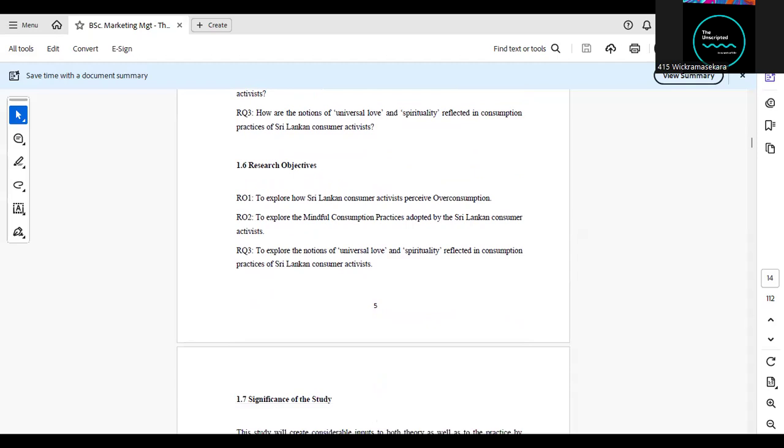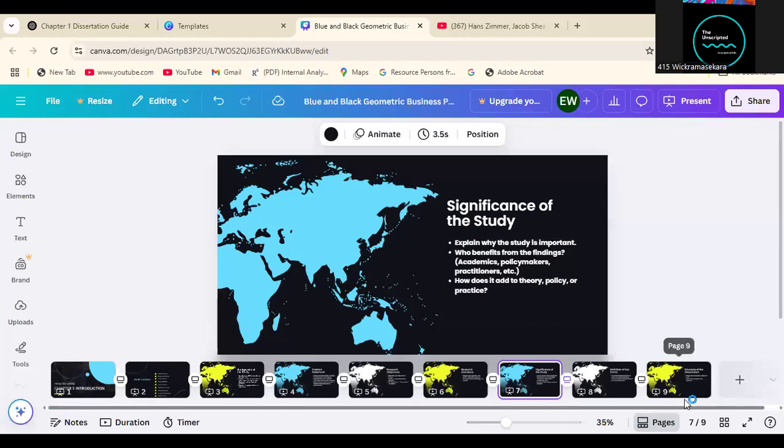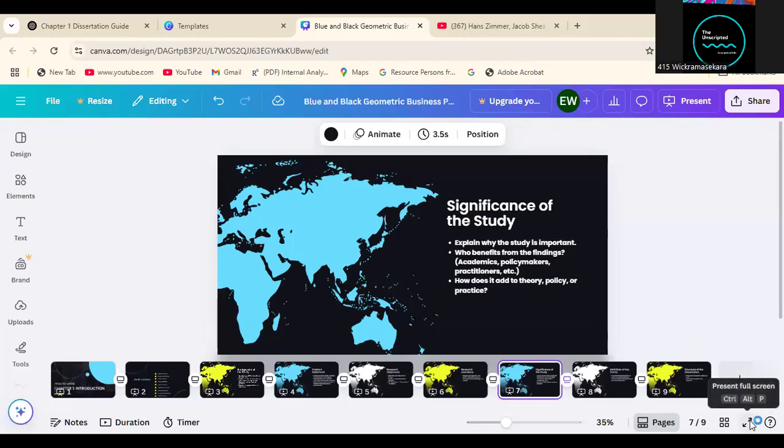And then the next component is the significance of the study, right? In this section, you have to clearly say why conducting your study matters. You can say theoretically what the significances are.